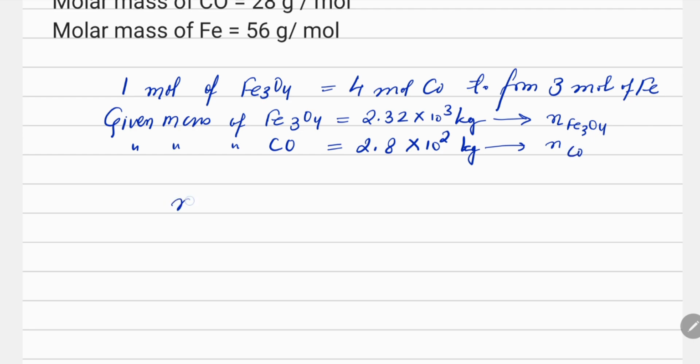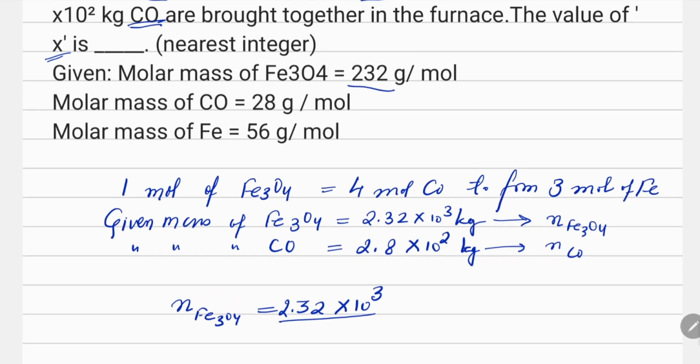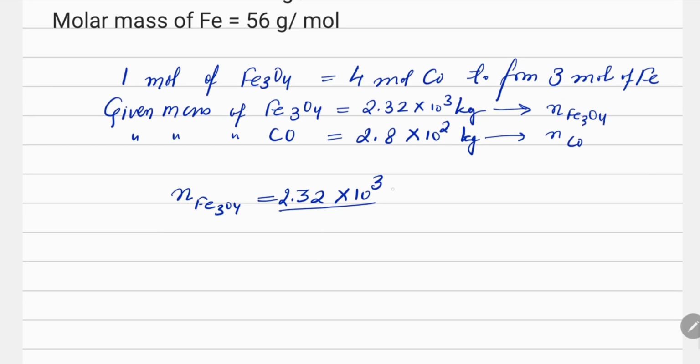The number of moles of Fe3O4 is given mass divided by molar mass. The given mass is 2.32 into 10 raised to power 3, divided by the molar mass, 232 grams.